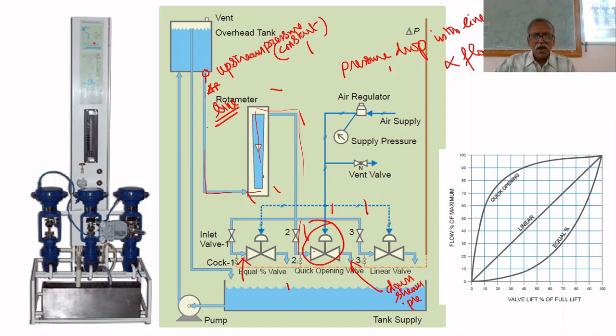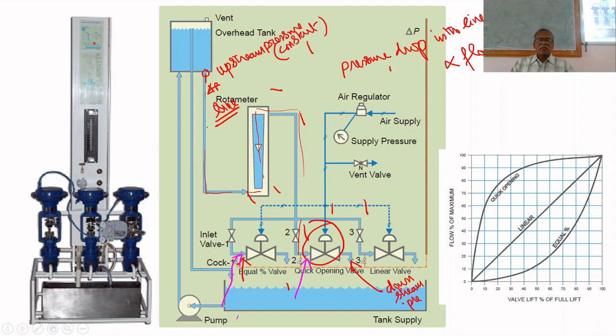The pressure at that point varies depending upon the flow rate. But downstream pressure is constant. Therefore, pressure drop across the valve is not constant in an installed condition.